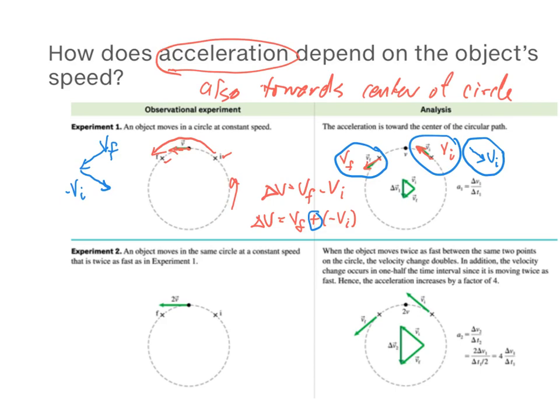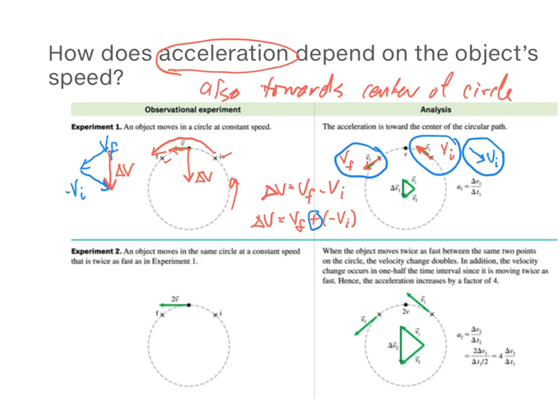And then the sum of those two is from the tail of the first to the tip of the last. So there's the delta V that results. And notice how that is straight down towards the center of the circle. So there's the delta V right there. Points down towards the center, that's the same direction as the acceleration.